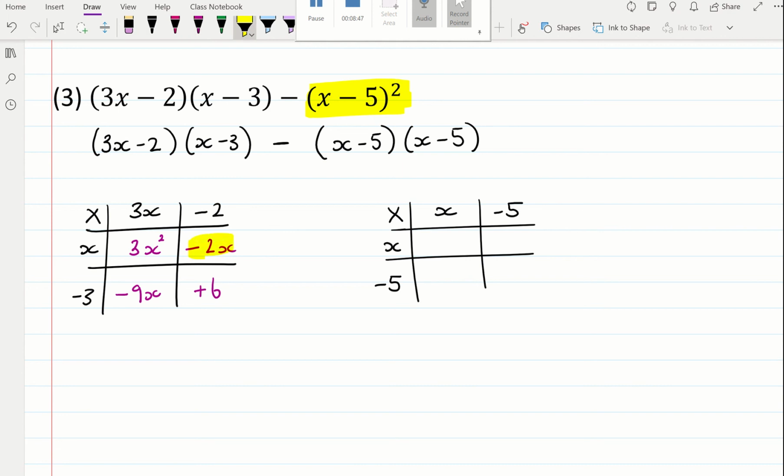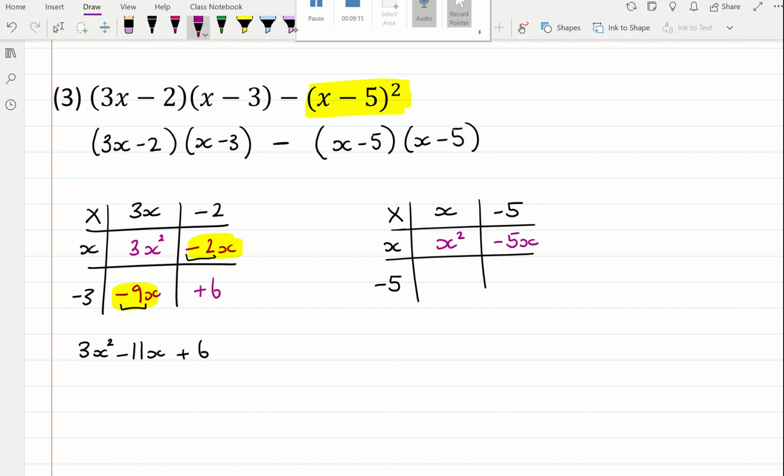And I'm going to collect like terms. So 3x squared. And I've got minus 9 minus 2, that makes minus 11x. Remember the x, plus 6. Then I multiply my next lot of brackets. So I've got x times x, which is x squared. I've got negative 5 times x, which is negative 5x.